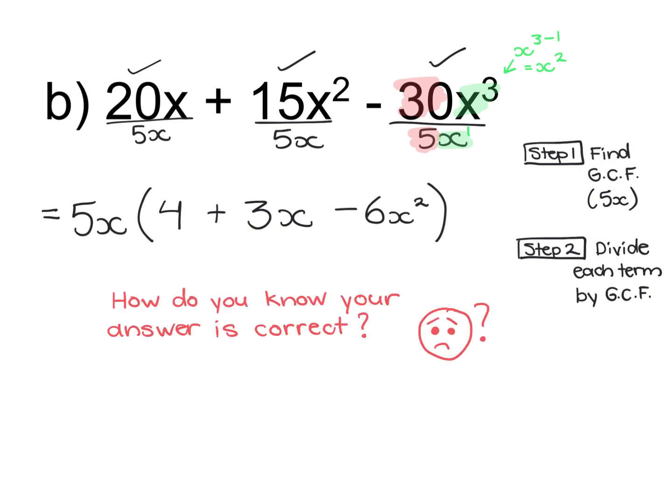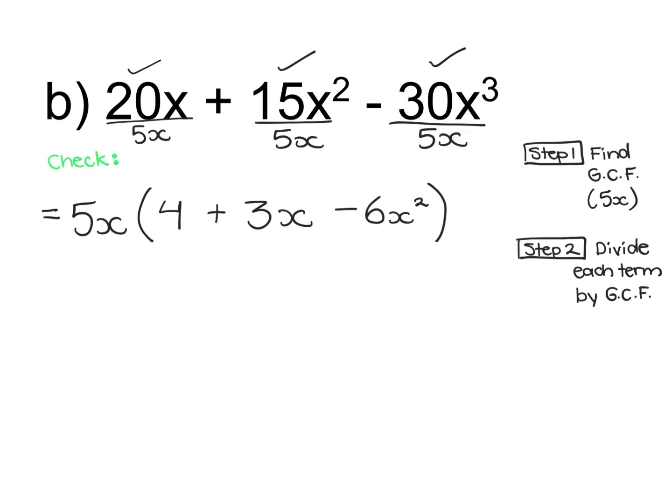Now again, how do you know this answer is correct? Remember, you can check it. So multiply everything out. Let's start out with the first one. 5x times 4 comes to 20x. Now let's multiply the second. 5x times positive 3x comes to positive 15, and remember, x times x is x squared.